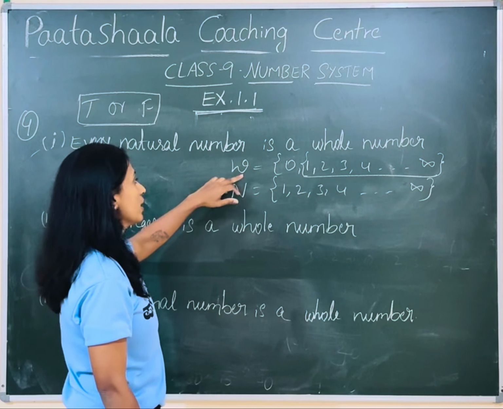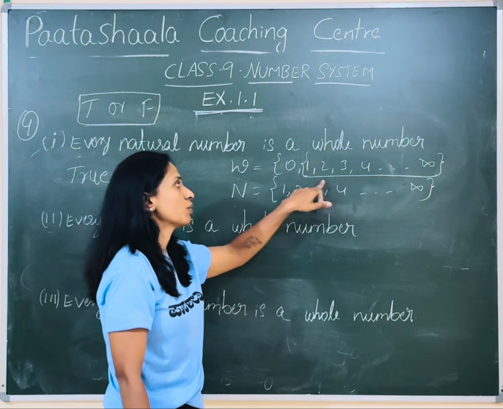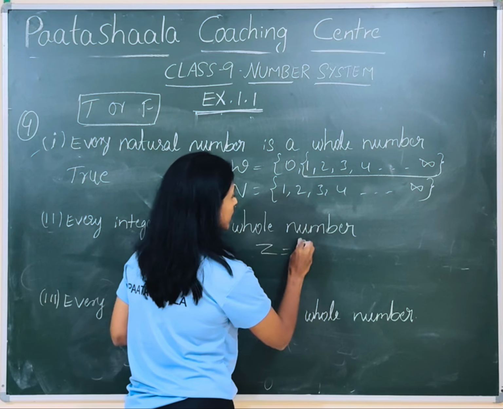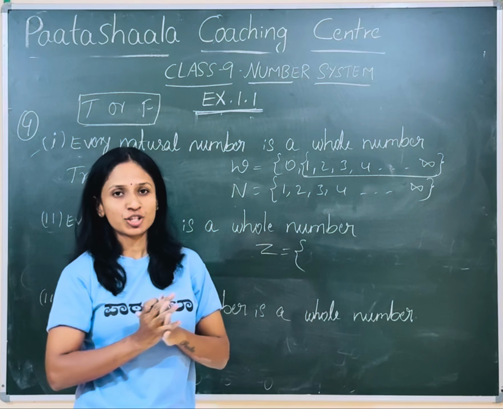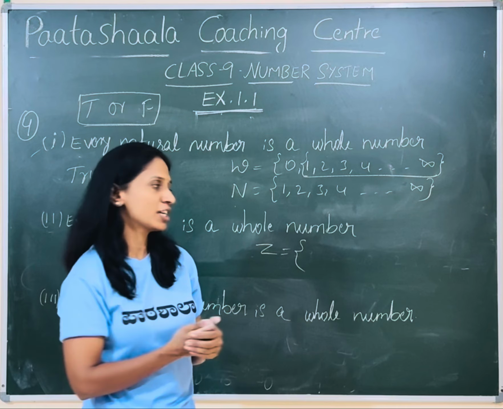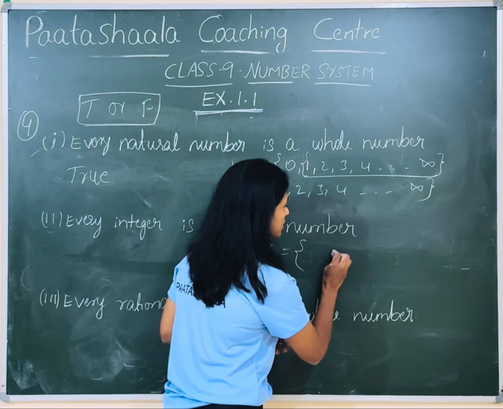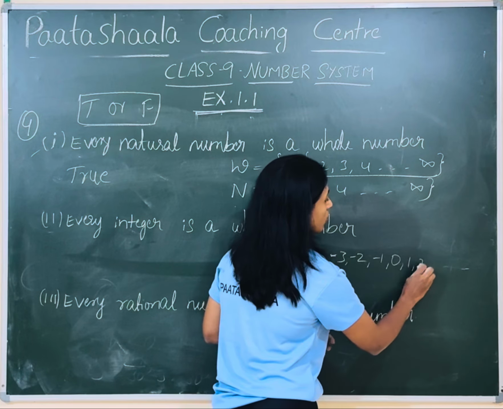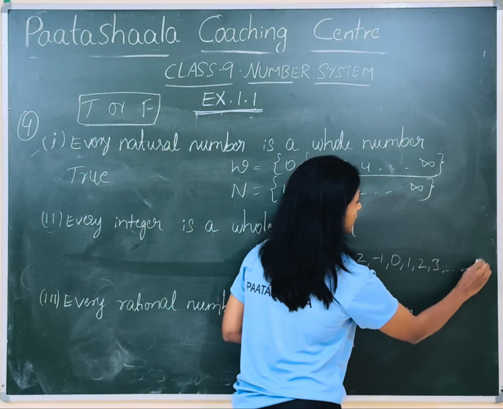Second one, every integer is a whole number. We know what whole numbers are. Whole numbers start from 0, 1, 2, 3, 4 till infinity. What are integers? Integers are the collection of numbers which contains whole numbers as well as negative natural numbers, that is minus 3, minus 2, minus 1, 0, 1, 2, 3 and it goes on.